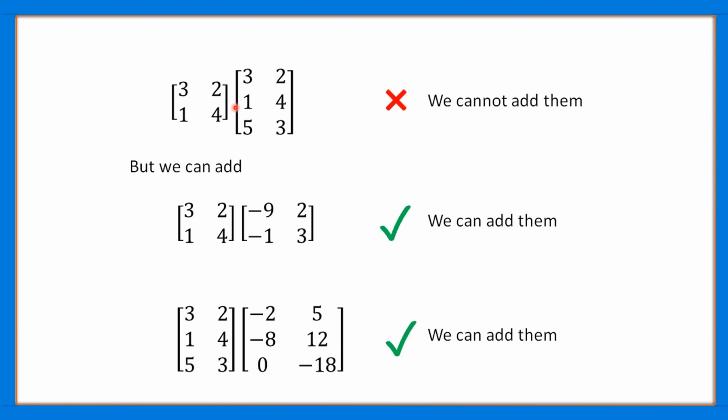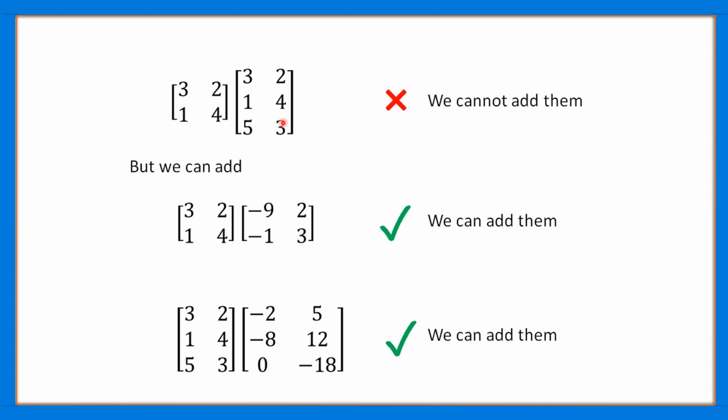We cannot add these 2 matrices since they are not of the same order. The first matrix 3, 2, 1, 4 is of order 2 cross 2, while the second matrix whose elements are 3, 2, 1, 4, 5, 3 is of order 3 cross 2, and therefore we cannot add these 2 matrices.